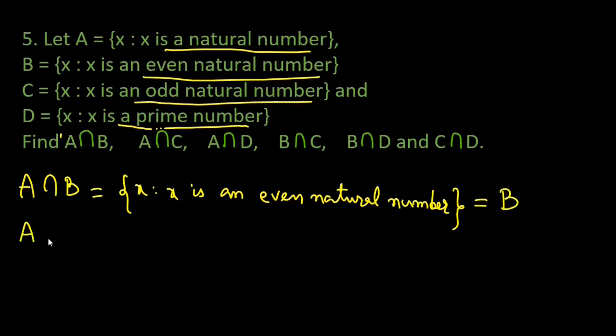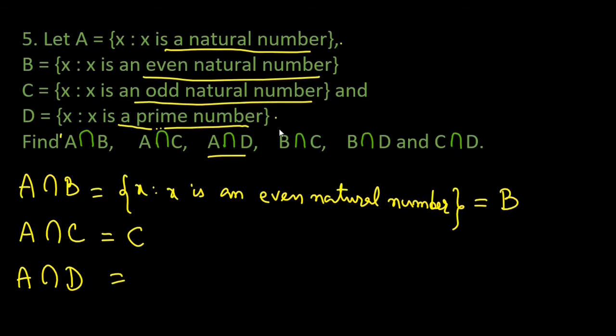Then A intersection C. A is the set of natural numbers. C is odd natural numbers. So all the odd natural numbers are there in A. So all the odd natural numbers are the common elements in A and C. So A intersection C is C. Then A intersection D. A is set of natural numbers and D is set of prime numbers.